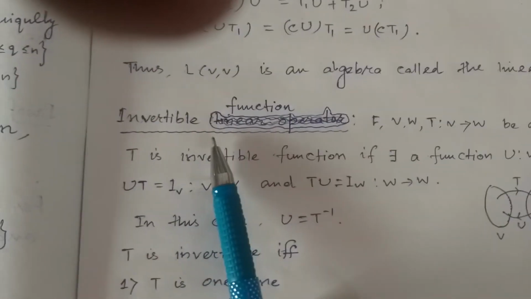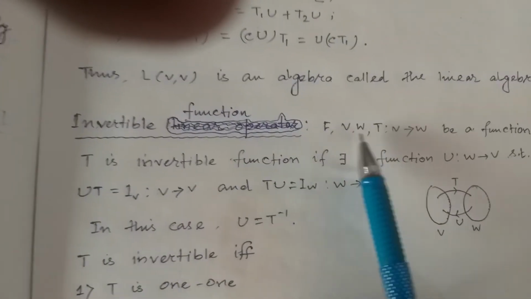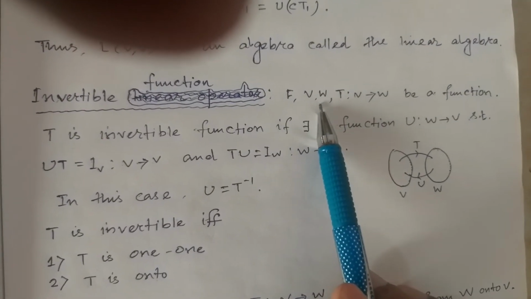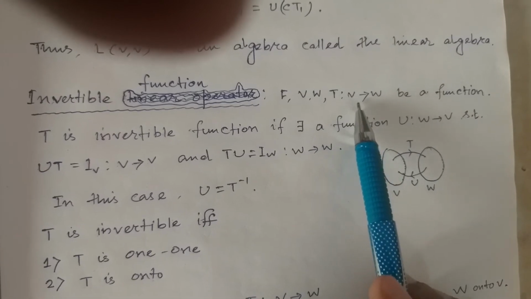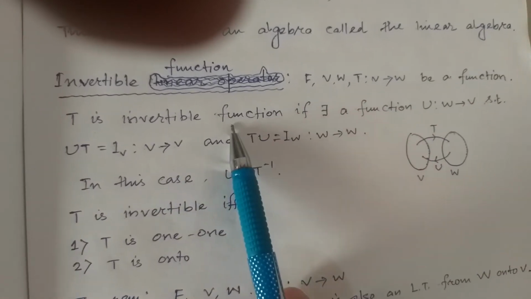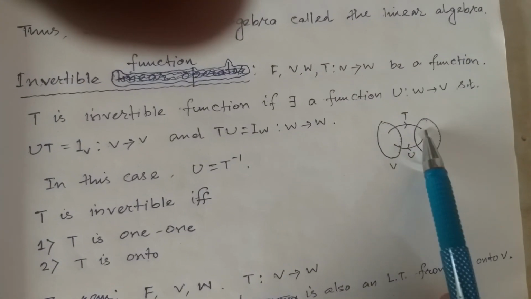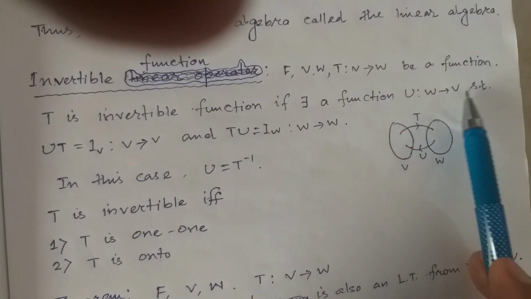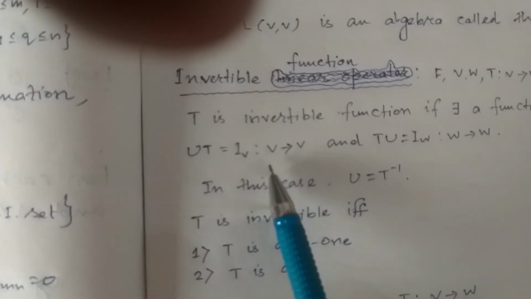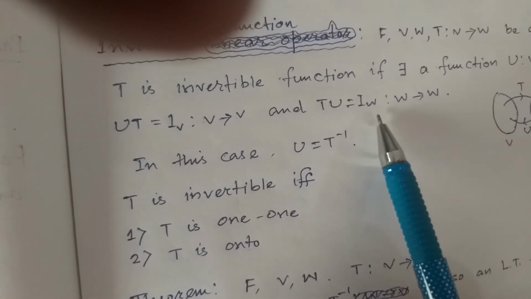Now invertible function, look at this. It is a function. First I am giving the term, it is not a transformation. Let F be a field, V and W vector spaces, T a linear transformation from V to W. Then T is called an invertible function if there exists another function U from W to V such that UT is the identity transformation on V, IV, and TU is the identity transformation on W, that is IW.